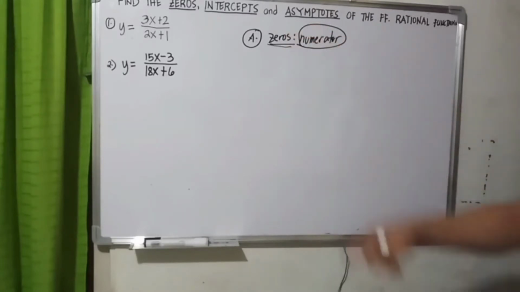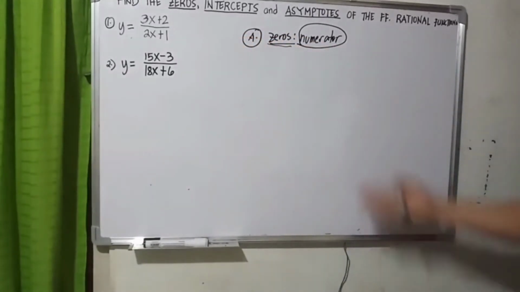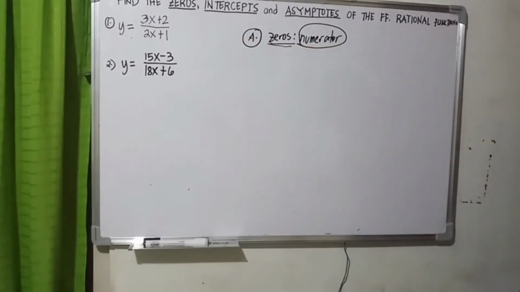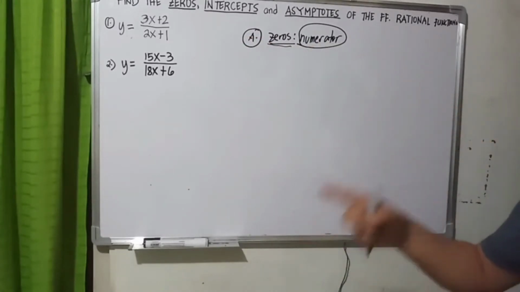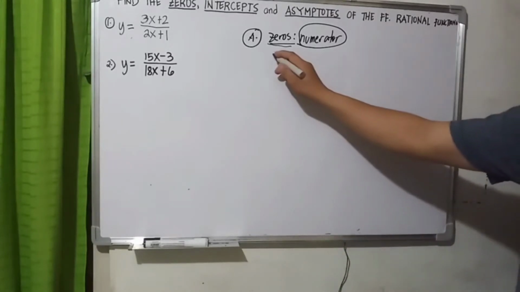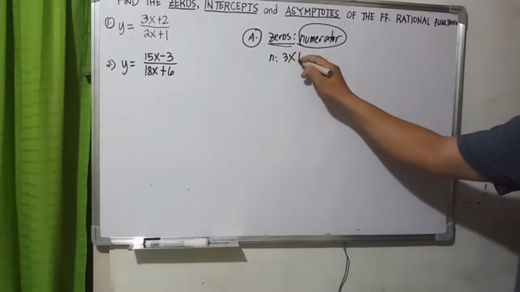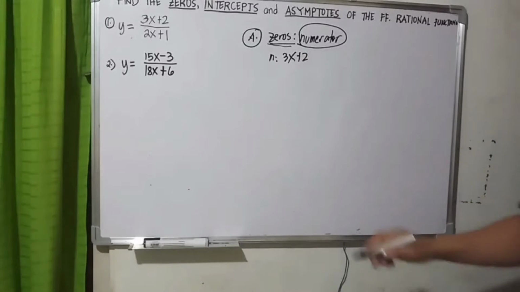So based on that given function, what is the zero? Nakabase tayo sa numerator and the value that makes the rational function equal to 0. So ang numerator is 3x plus 2. Equate lang natin yan sa 0.